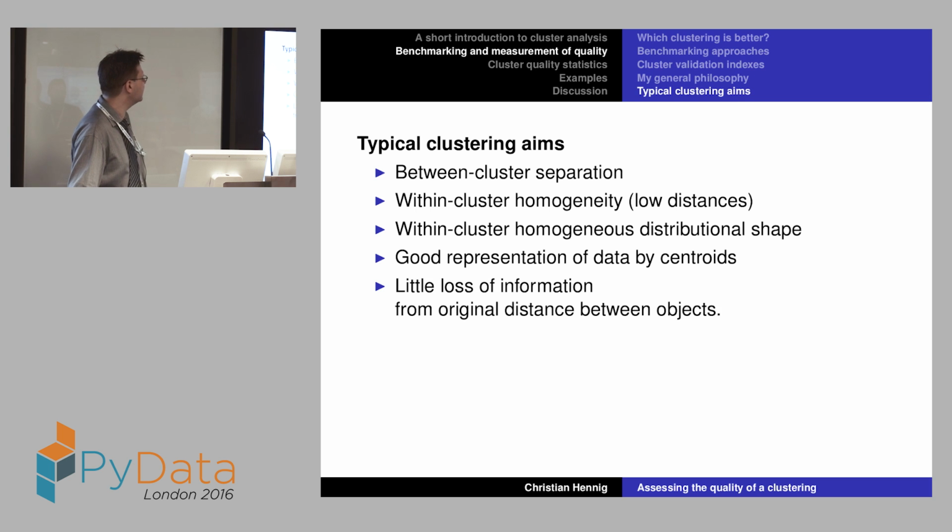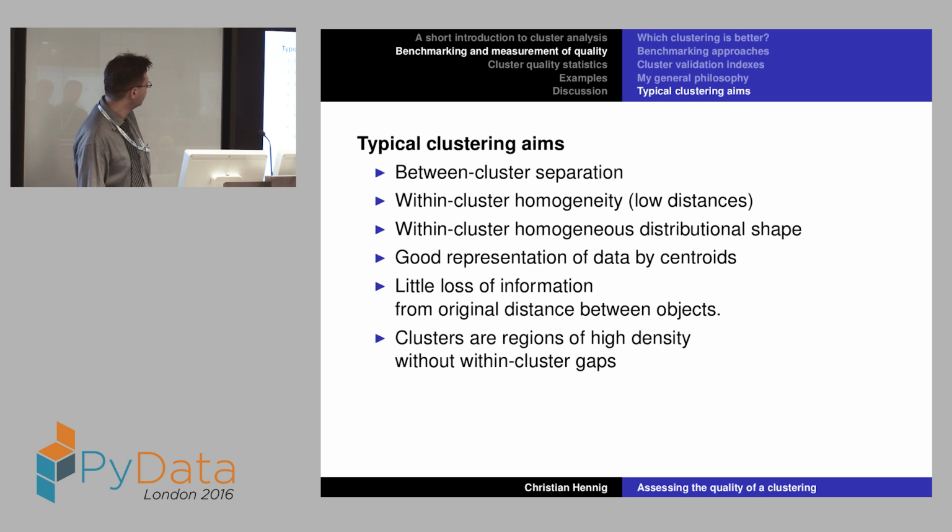You could be interested in having little loss of information of the original distance by putting them in clusters. You can actually measure this by defining a cluster-based distance that assigns a distance of 1 between any 2 points that are in different clusters and 0 for 2 points in the same cluster.